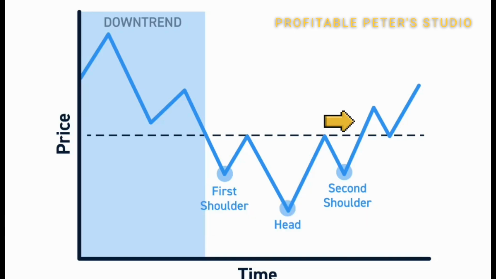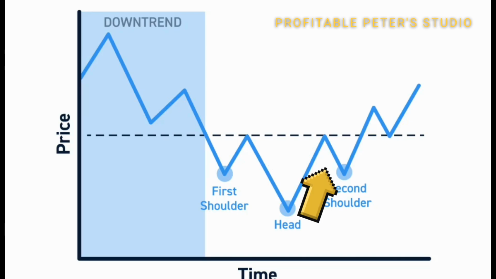Now when it broke through the resistance, it came down and retested this resistance that is now support. Remember here, it was support before. The buyers pushed the price up to this resistance that was support before. The sellers pushed the price down here again.